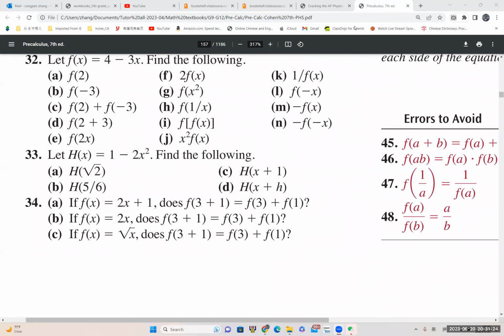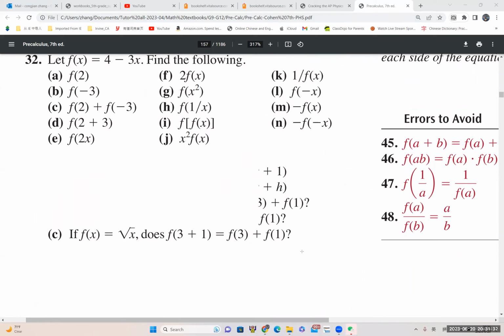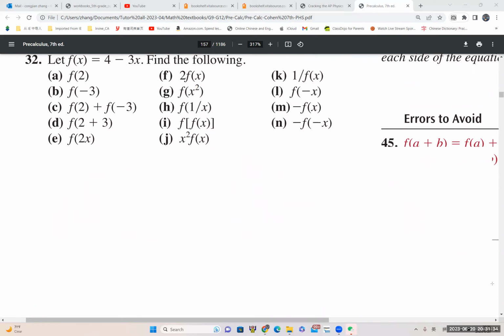How about I divide them into 3 groups? Let me try to divide them into 3 groups. This for me, James.